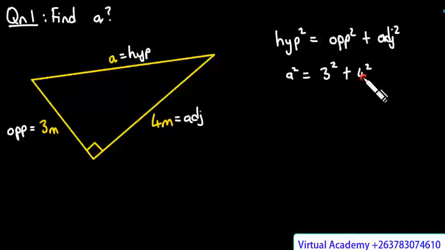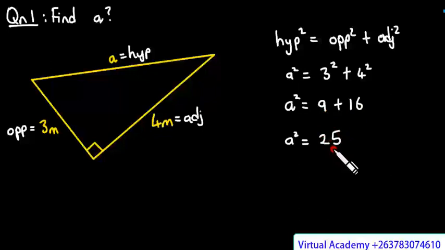Then after writing that information down, we then simplify. So we have A squared is equals to 3 times 3, that's 9, plus 4 times 4, that's 16. Then I'll add here 9 plus 16, that's 25.